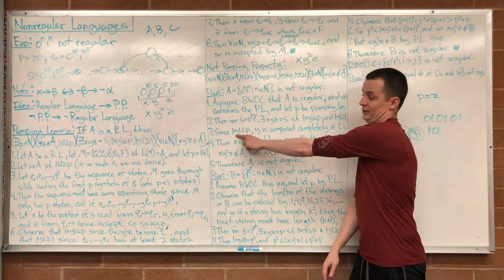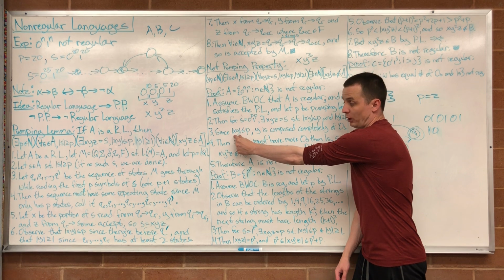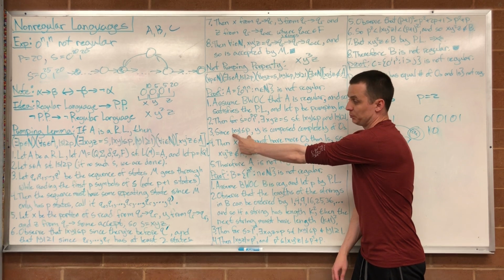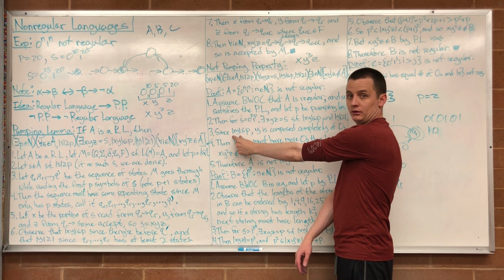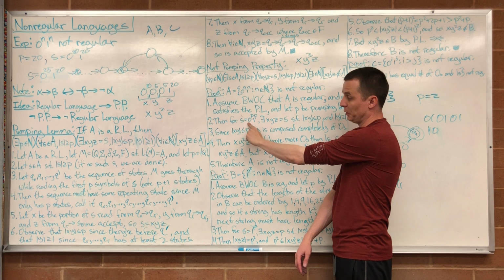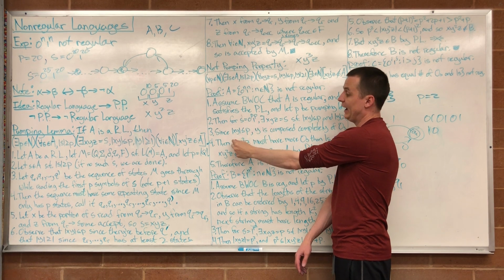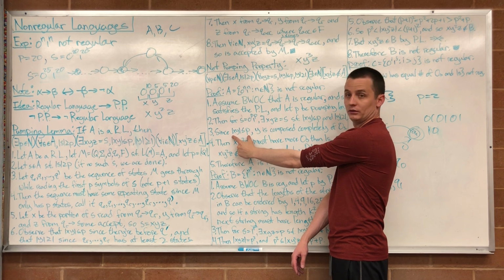Now, since the length of xy is less than or equal to p, and xy is the first part of the string, what do I know about xy? It's all zeros. My string is p zeros followed by p ones. xy is the first part of my string, and its length is less than or equal to p.